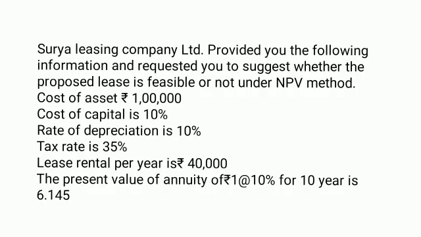Cost of asset is rupees 1 lakh, cost of capital is 10%, rate of depreciation is 10%, tax rate is 35%, lease rental per year is 40,000, and the present value of annuity of rupees 1 at 10% for 10 years is 6.145.